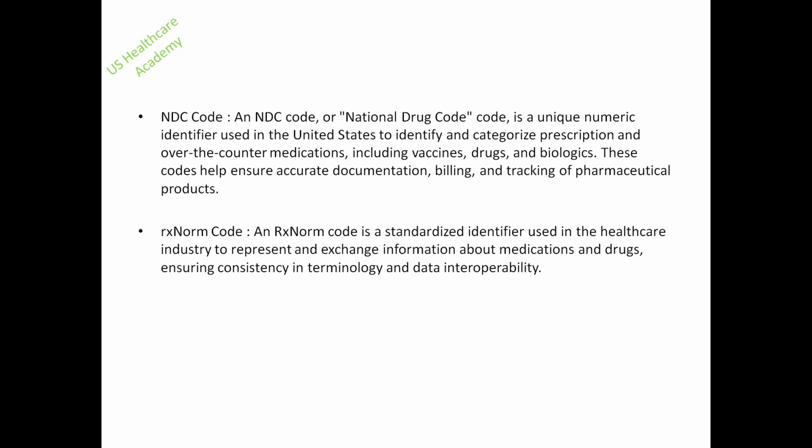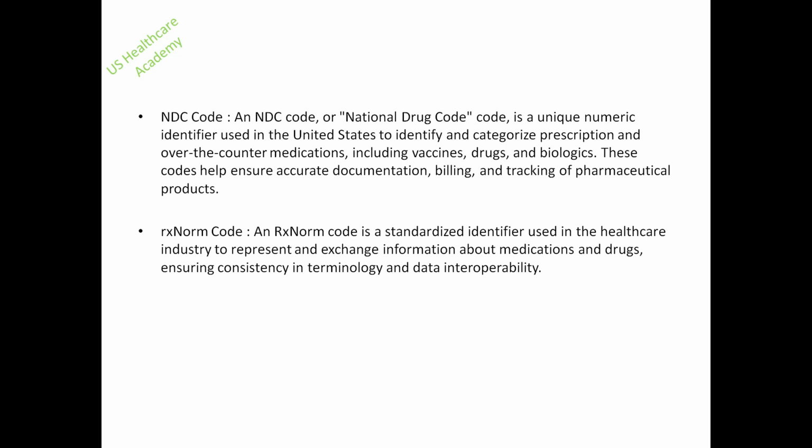But again, depending on the strength of the medicine, if it's 50 mg or 100 mg, the RxNorm code would vary. So it is the combination of the drug plus the strength, and also the form.